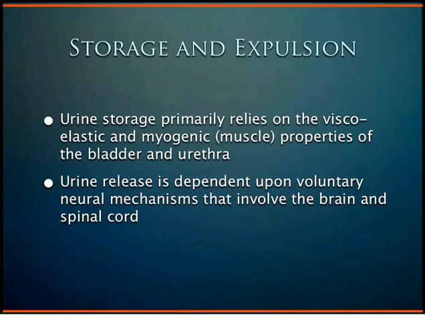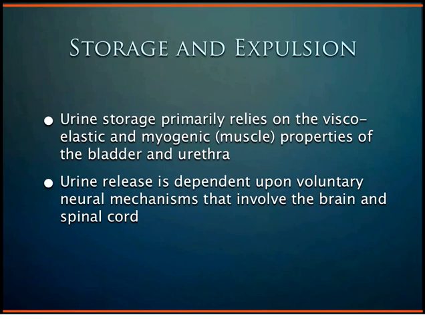The storage component relies upon the viscoelastic and myogenic or muscular properties of both the bladder and the urethra. The release component, on the other hand, is dependent on the voluntary neural mechanisms that involve the brain and the spinal cord.